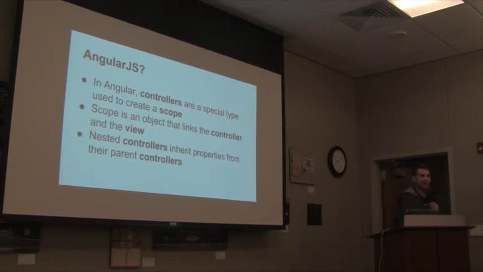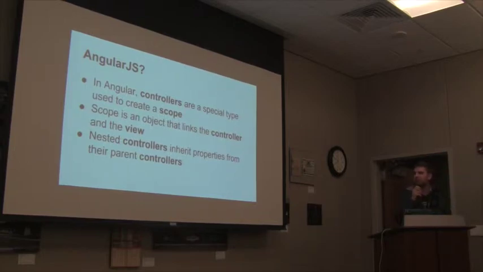But first off, in Angular, controllers are basically a type that encapsulates some app logic. You nest them within a page, and they create a scope where you can manage your data bindings. Gosh, so much jargon, I'm sorry.